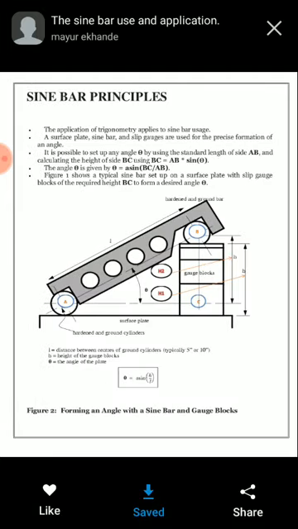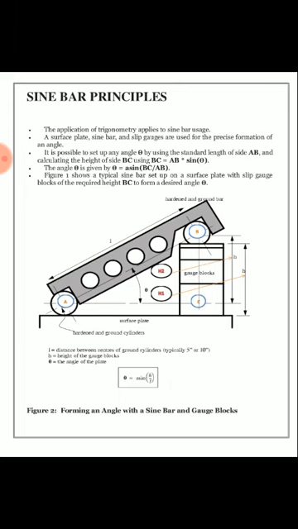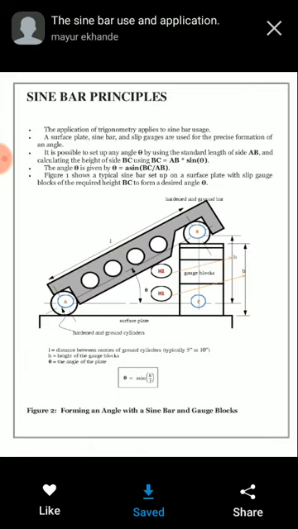The sine bar principle: the application of trigonometry applies to the sine bar's uses. A surface plate, sine bar and slip gauges are used for the precise formation of an angle. It's possible to set up any angle theta by using the standard length of side AB and calculating the height of side BC using BC equals AB times sine theta.